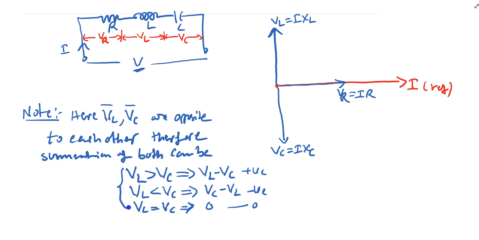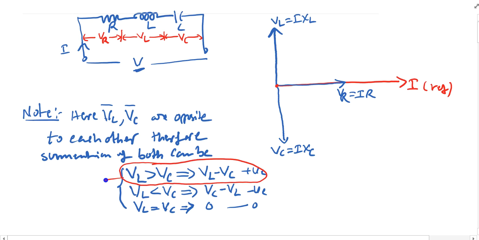For understanding purposes, to analyze this RLC series circuit, I will assume the case where my VL is greater than VC.